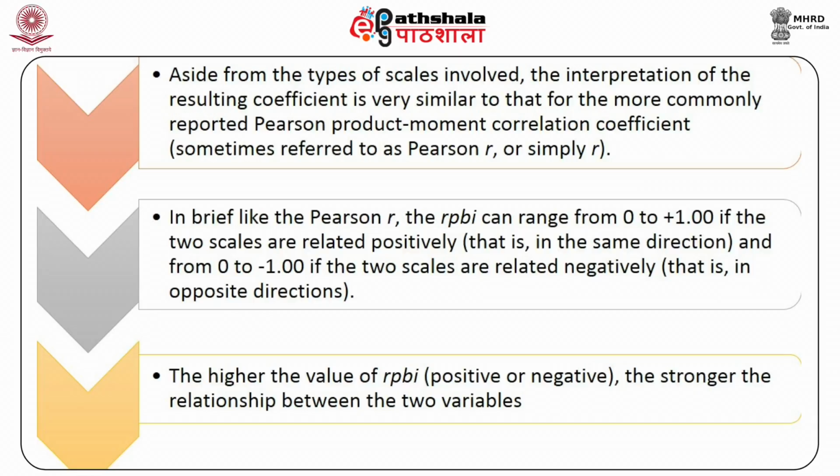In brief, like the Pearson's r, the r-pbi or the point-biserial correlation can range from 0 to +1 if the two scales are related positively, that is in the same direction, and from 0 to -1 if the two variables are related negatively, that is in the opposite direction, which means increasing one variable would result in a decrease in the other variable.